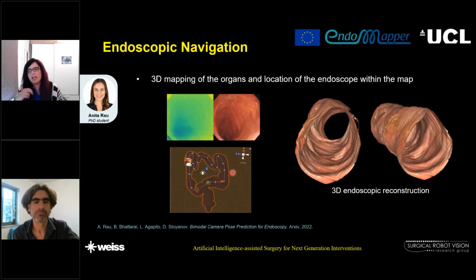In this context, our team is involved in one of the European projects called EndoMapper, where the aim is to build a 3D map of the organ and to localize the endoscope in the colonoscopy environment, for providing better navigation or better localization of the target site.